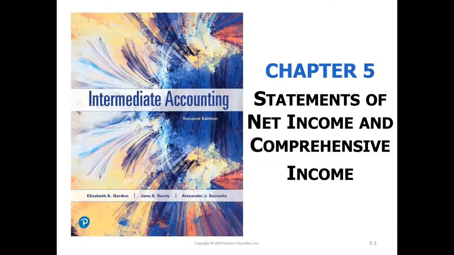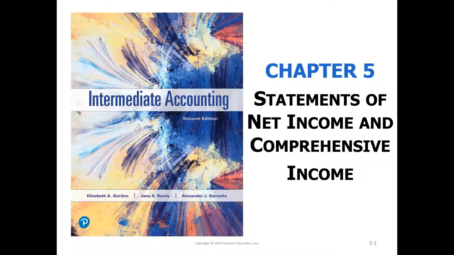however, as it relates to net income, companies may present steps and subtotals in arriving at net income. Chapter 5 delves into the reporting of net income on the income statement and the statement of comprehensive income.